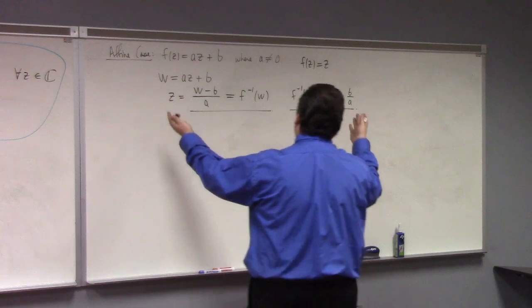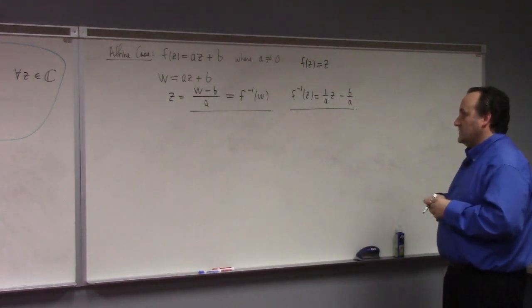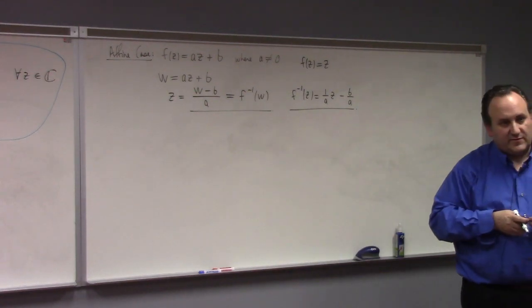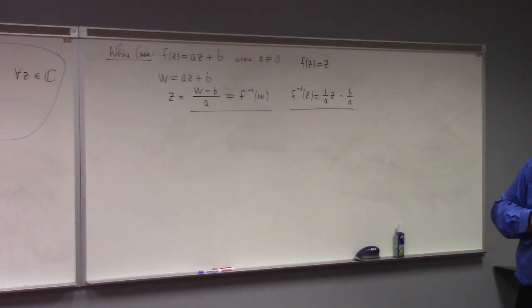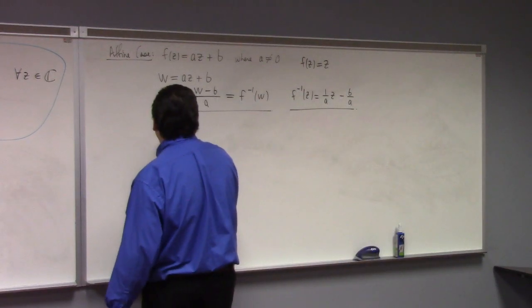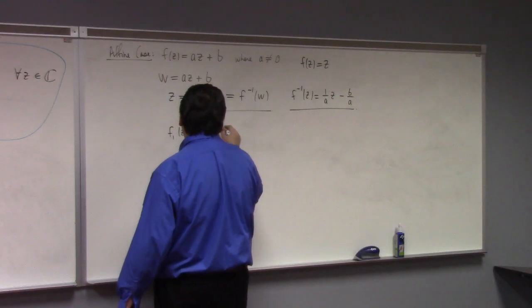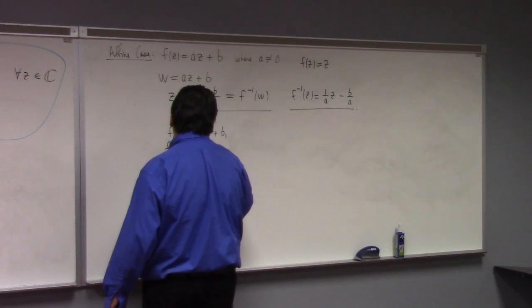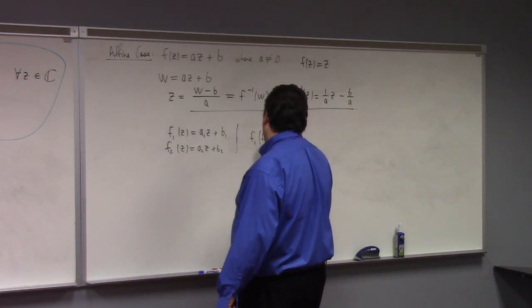And what this little calculation shows you is that if you were to look at the subgroup of affine transformations, well, it's a subgroup because the inverse of an affine transformation is an affine transformation. And it's easy enough to see that if you compose two affine transformations, you get another affine transformation, right? Like if I have f1 of z is a1z plus b1, and f2 of z is a2z plus b2, and I look at the composition of these guys, what do you get?